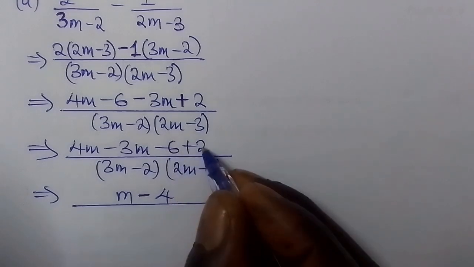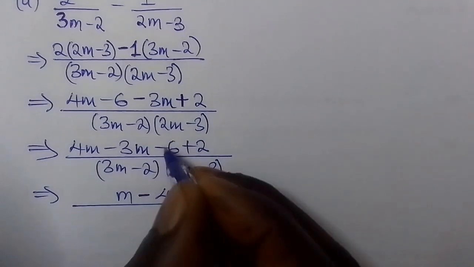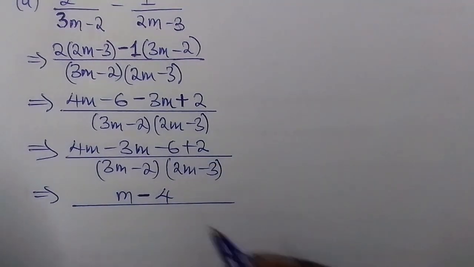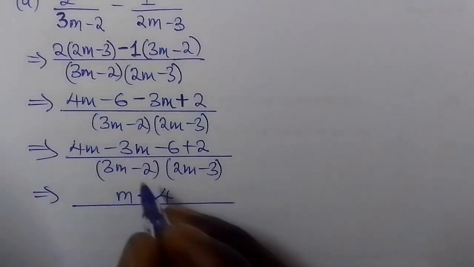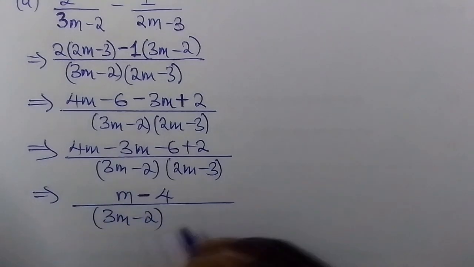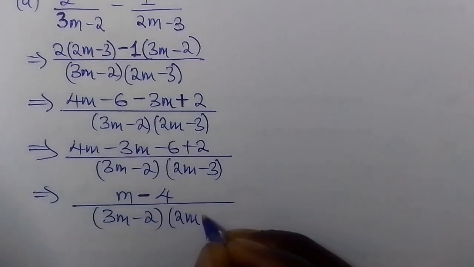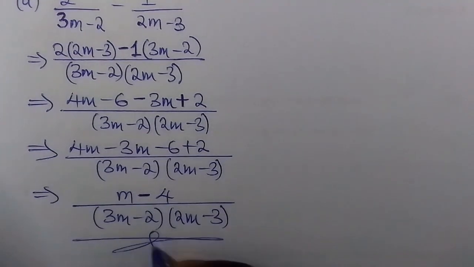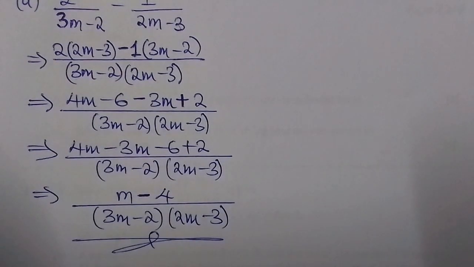So 6 take away 2 gives 4. And keeping the sign of the larger term, we have negative here. Then we write 3m minus 2, 2m minus 3. So this here is our solution for the first part.